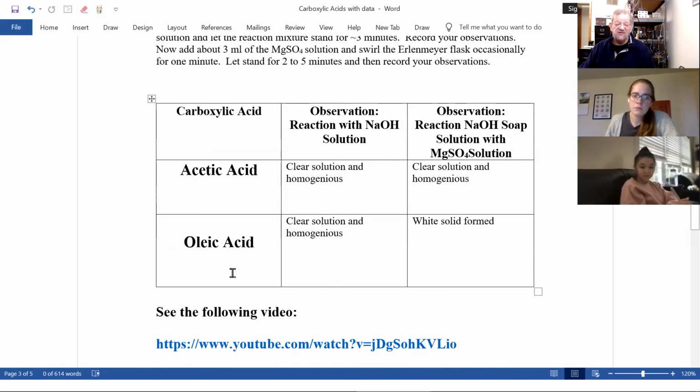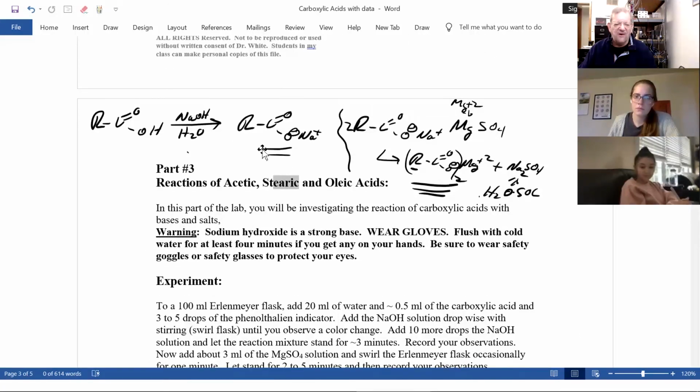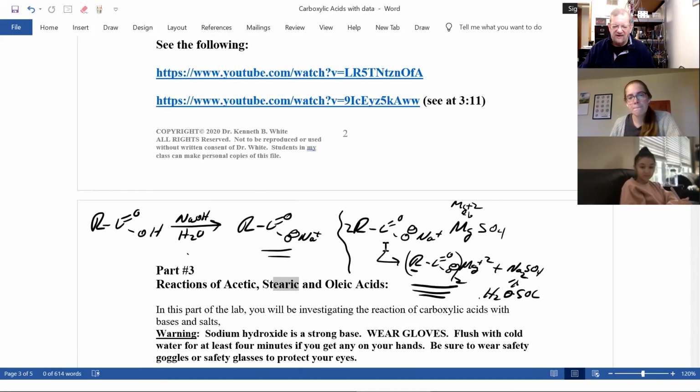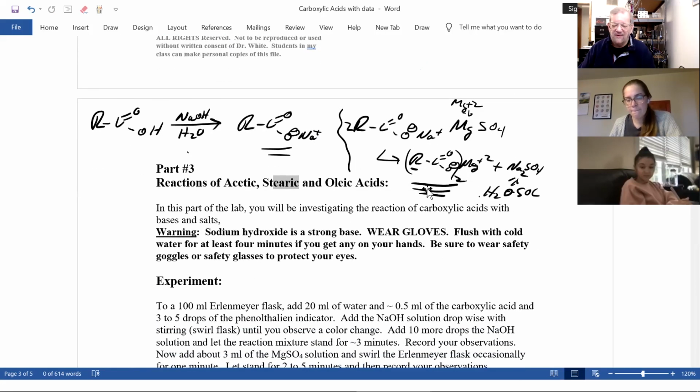You take oleic acid, where R is much, much bigger, and add enough sodium hydroxide, the color changes, and you get that carboxylate anion, and it's still water soluble. Now, to each of these solutions, you're going to add magnesium sulfate solution, otherwise known as Epsom salt, and observe. And remember, what effect does R have on solubility?